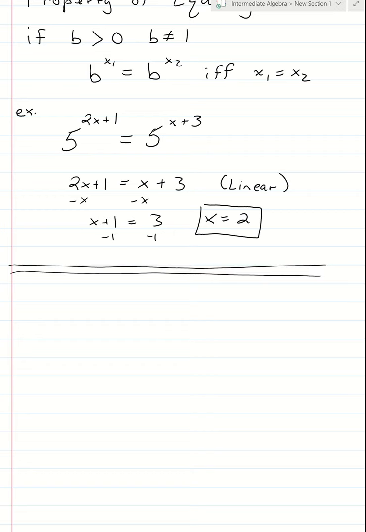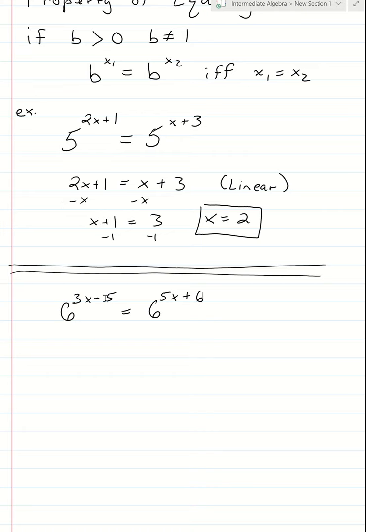Let's say we had the number 6 raised to maybe the 3x minus 5 power equals 6 raised to, let's say, the 5x plus 6 power.